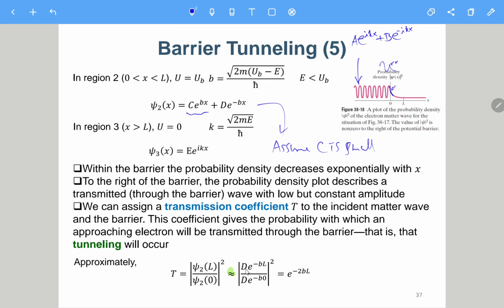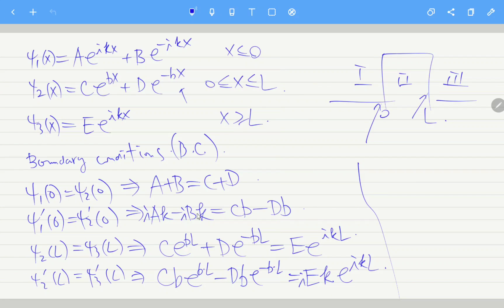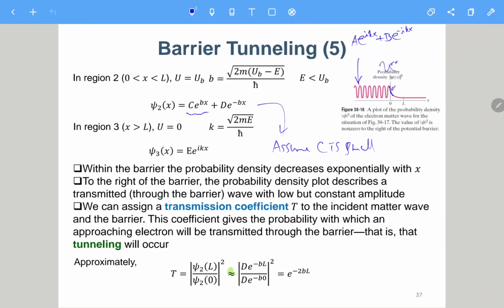If we assume that c is small and we just ignore this term, then this is nothing but exponential to minus bL and then exponential to negative b0, because we just plug in L and 0 to here and ignore the first term. So most of the thing, this d can cancel each other. So actually we don't really need to solve this joint equation if we make this approximation.